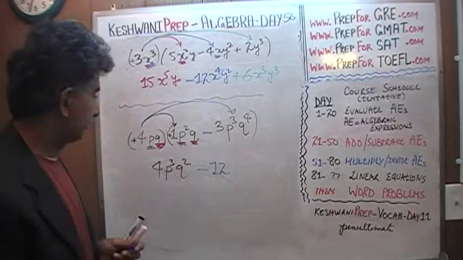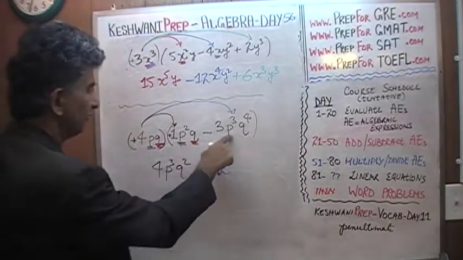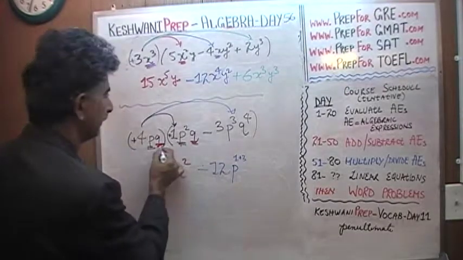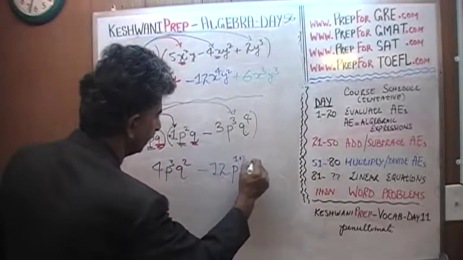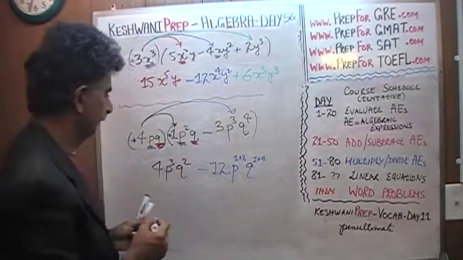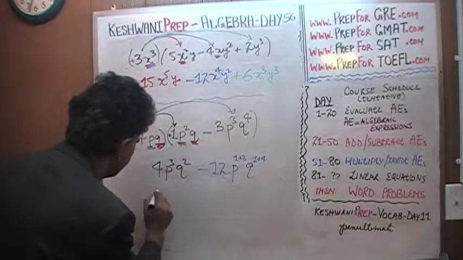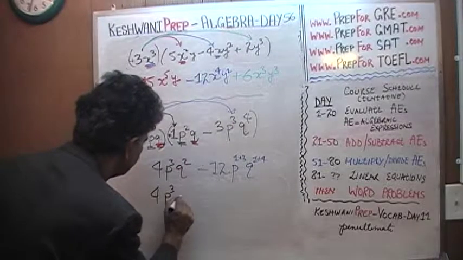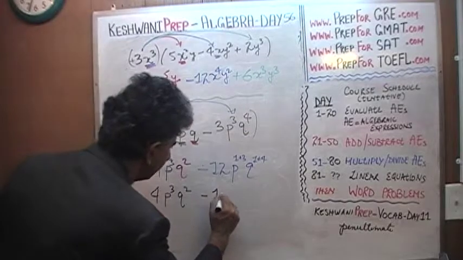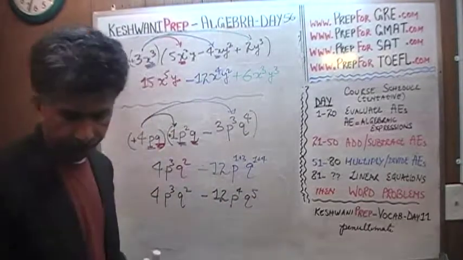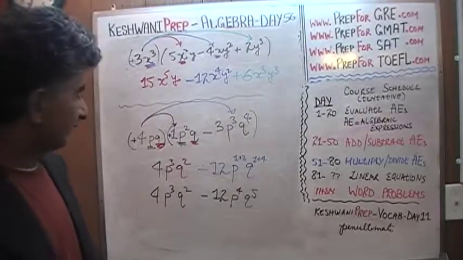P times p cubed is p to the fourth, which is p to the first power plus the third power, and then q times q to the fourth is q to the fifth. That's it. So we end up with 4p cubed q squared minus 12 p to the fourth q to the fifth. That's all. That's the answer.